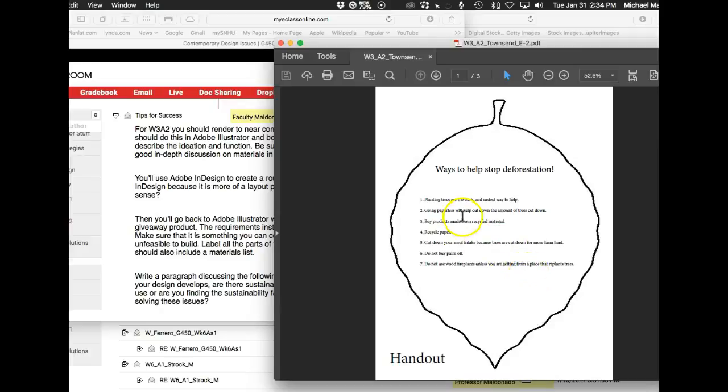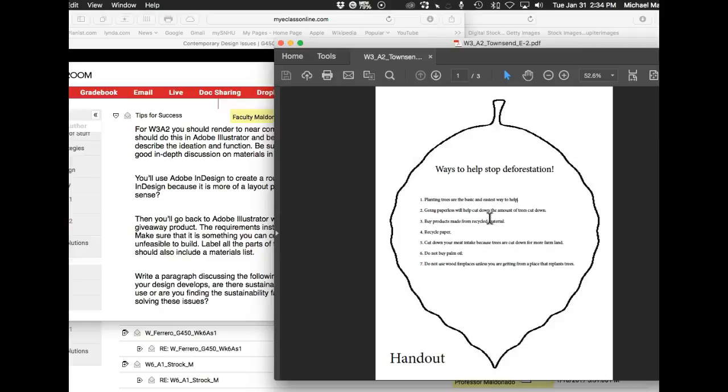Informational collateral is an informational piece that you hand to the attendees at the trade show booth. Now, by the time they're done reading it, they should know who you are, what your cause is, what they can do to help, and how and where to go to help.